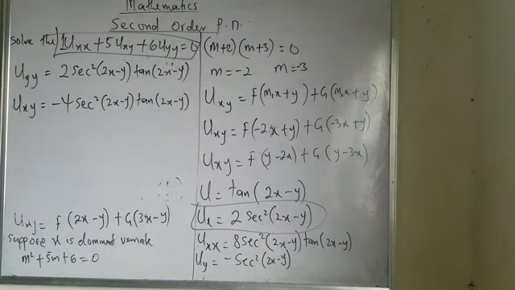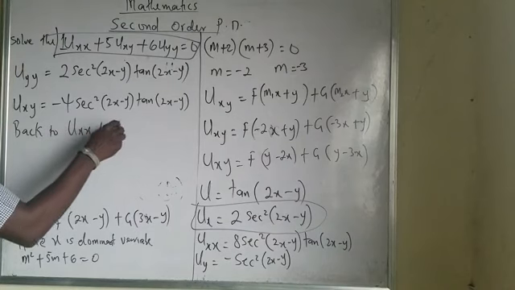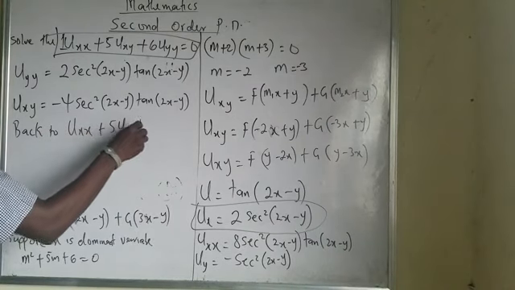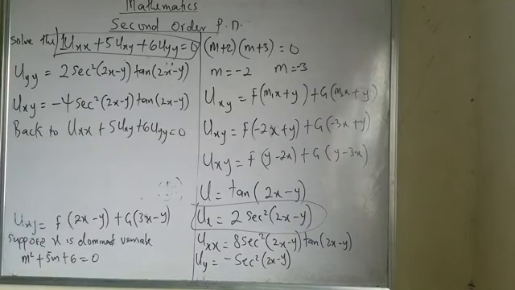Now what I have next is back to the equation u of xx plus 5 u of xy plus 6 u of yy equals 0. I'm just playing around with their coefficients.